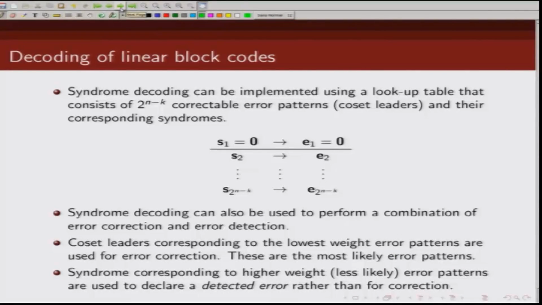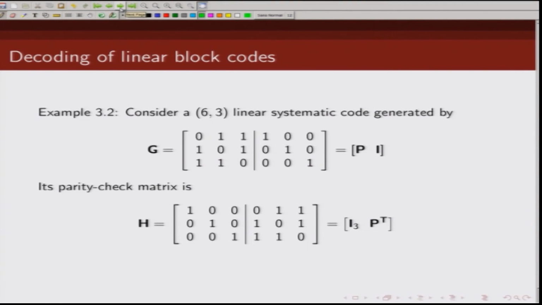Now, we could use this standard array for a combination of error correction and error detection, and we are going to illustrate this point, that we could use a syndrome corresponding to higher weight error pattern for error detection rather than error correction. So, let us take an example to illustrate how we can use this standard array for error correction and error detection.